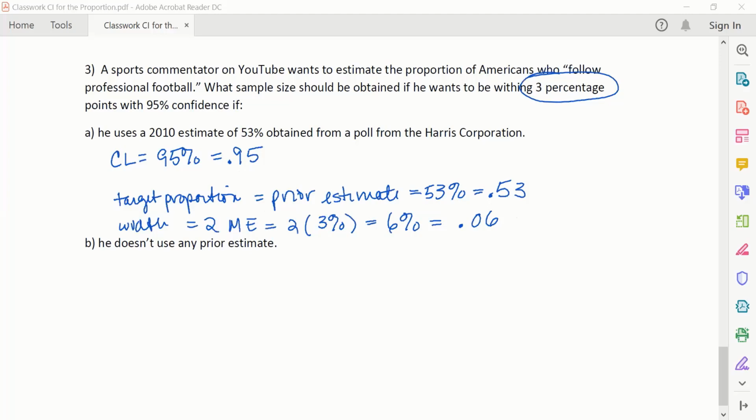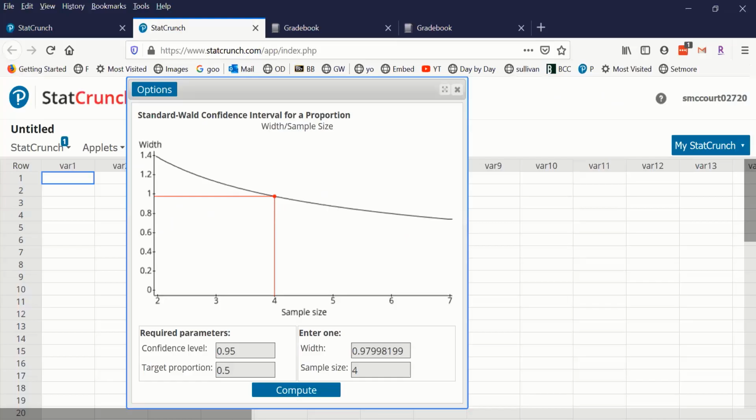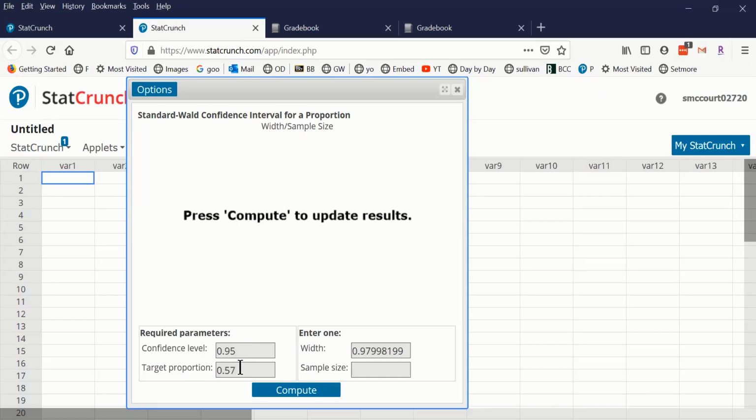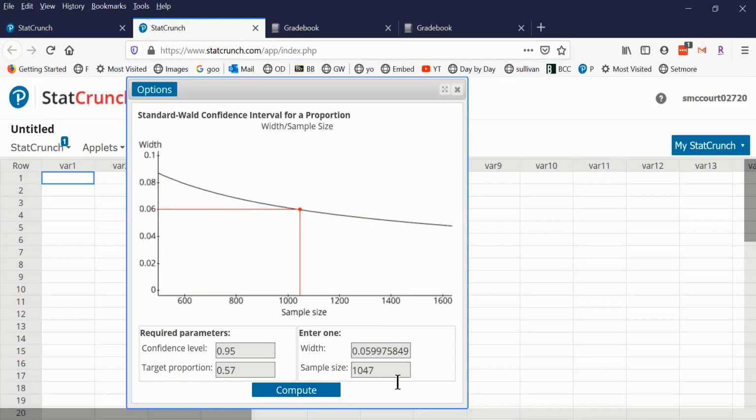So going back to StatCrunch, we're going to put in 0.95, 0.57 as our target proportion, and a width of 0.06. And that gives us a sample size of 1,004. Oh, it was 53, not 57.